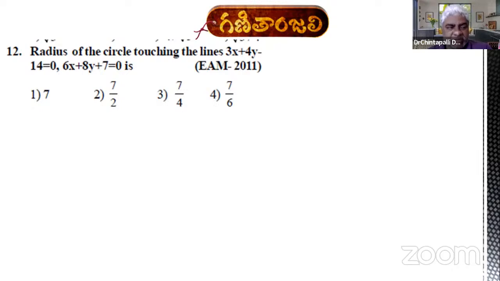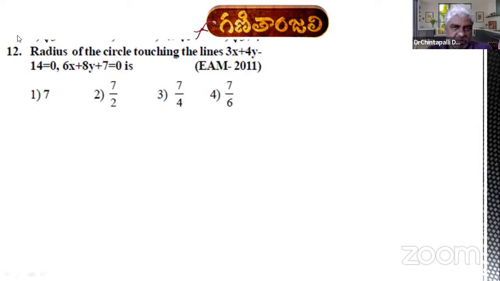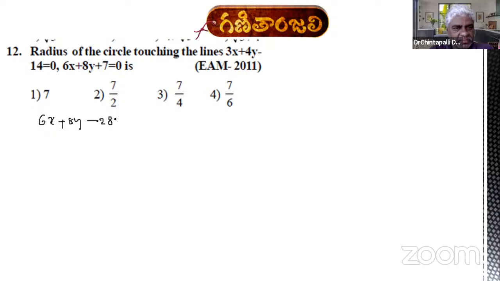But the xy coefficients are not the same. We multiply the first equation by 2, and it becomes 6x + 8y - 28 = 0.